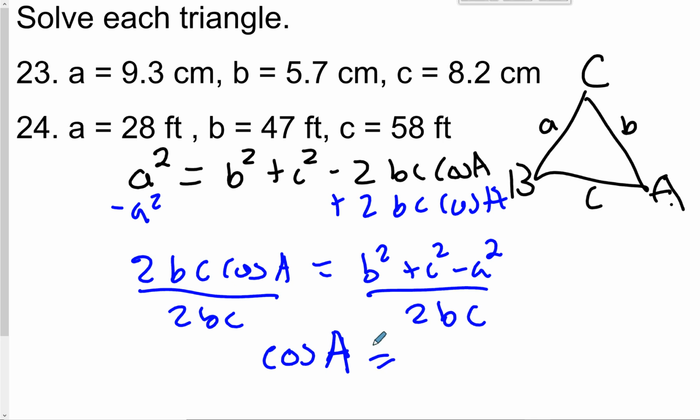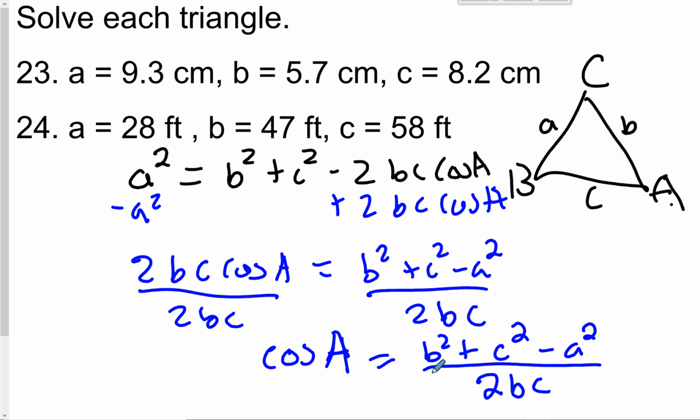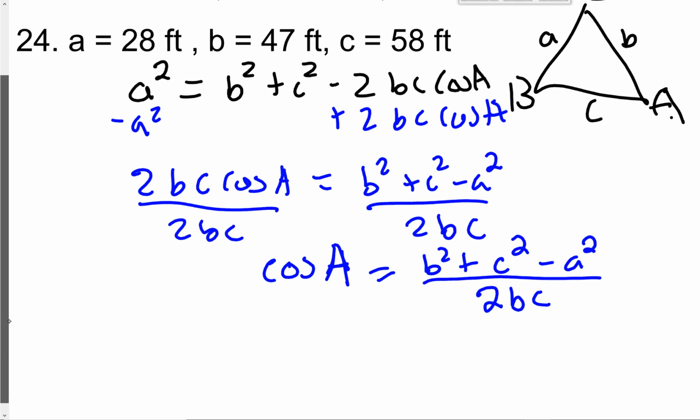Okay, so you add the two sides that you have, but you subtract the side opposite of the angle you're trying to find, and then you divide by the two sides that you added times 2. So it looks like that. Okay, and then I'll have to take the cosine inverse of that.